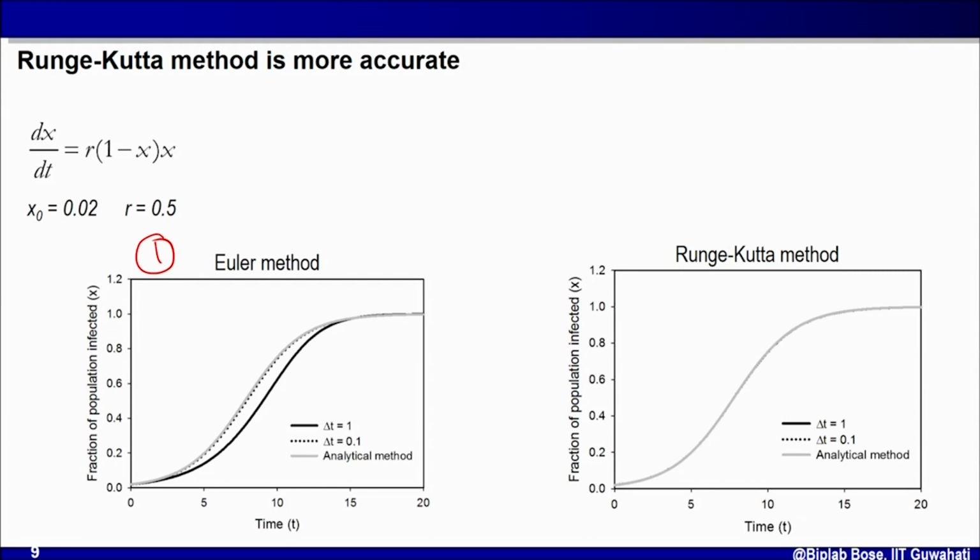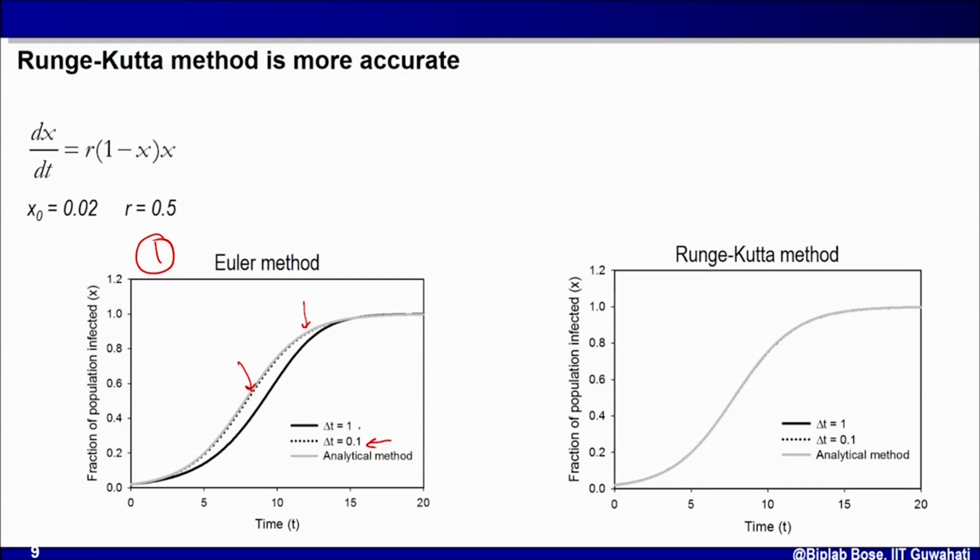You have seen this graph earlier. The gray line is the result from the exact analytical method. The dotted line shown here is the result from Euler's method when you use delta t equal to 0.1. It matches almost with the analytical or symbolic method.